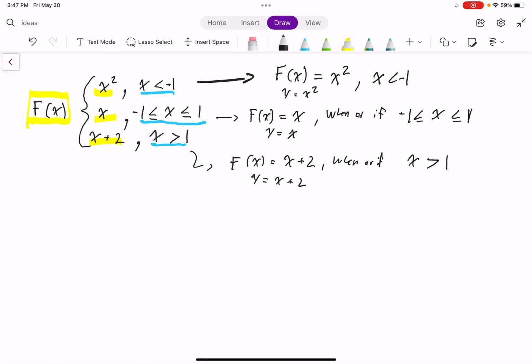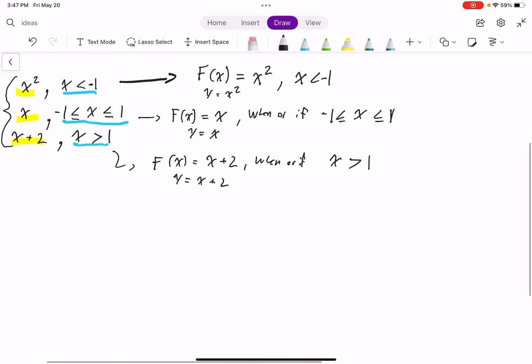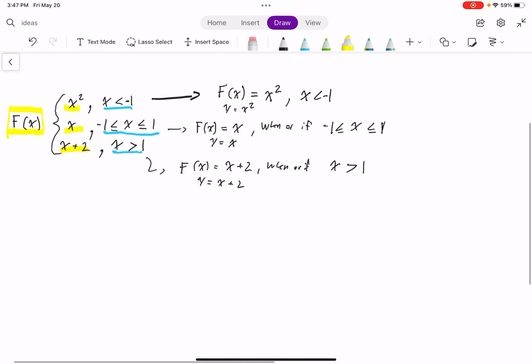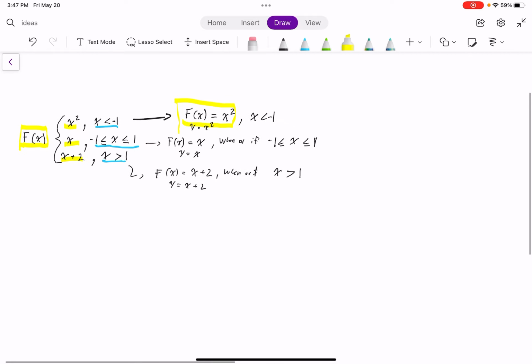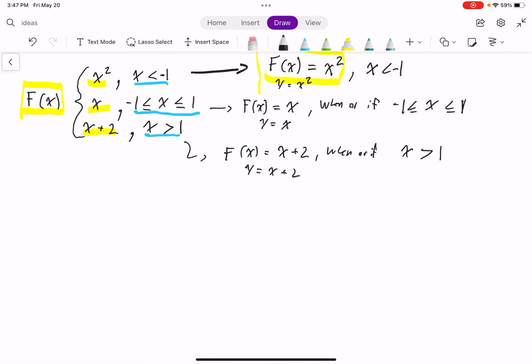So this may or may not be helpful, but we'll show you what this looks like. First, we'll look at this top function right here. We'll call this 1, this is 2, and this is 3.